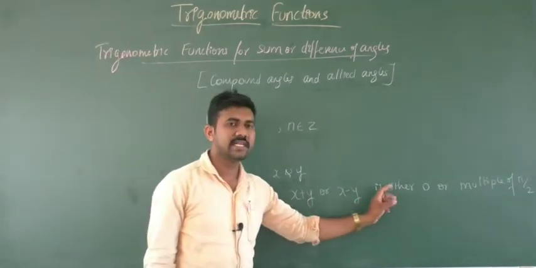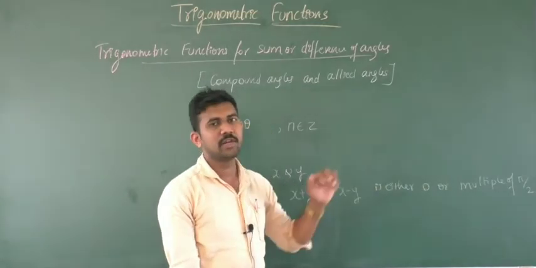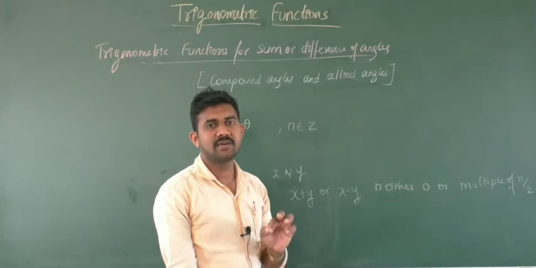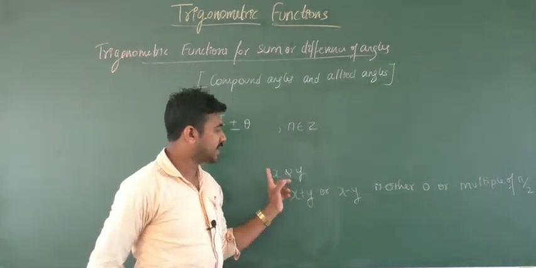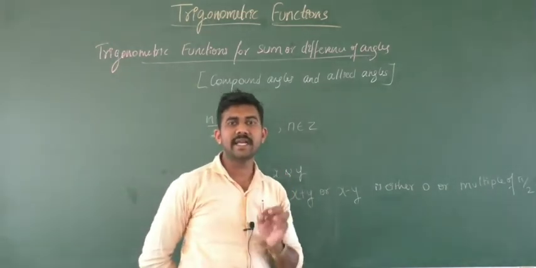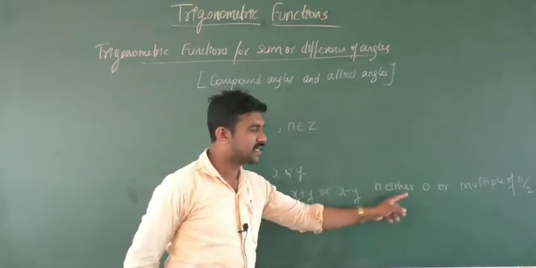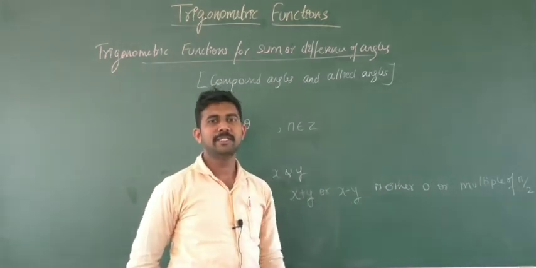And also it is either 0 or multiple of pi by 2, then we can say those angles are allied. Here to say x and y are allied to each other, x plus y or x minus y is either 0 or multiple of pi by 2.